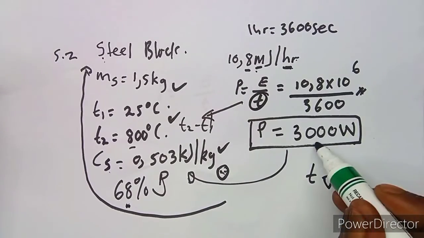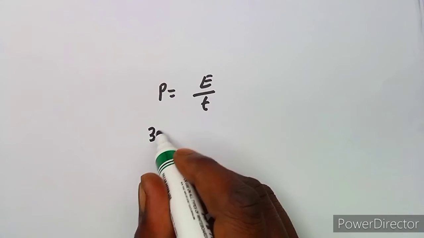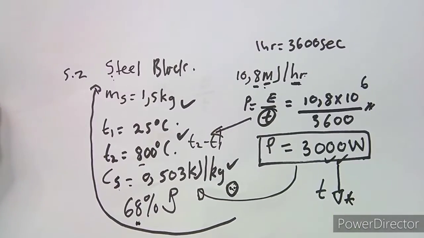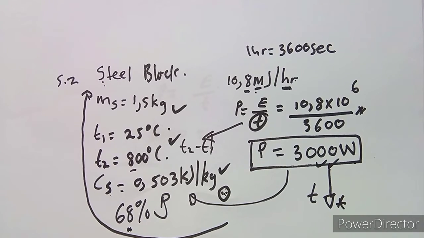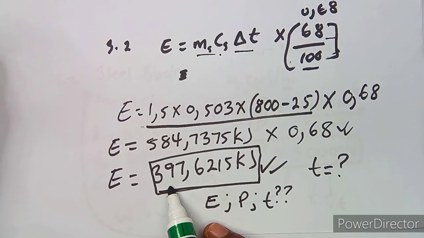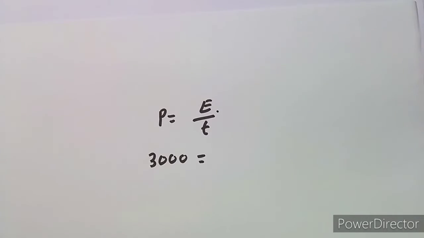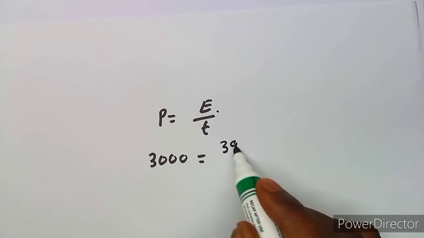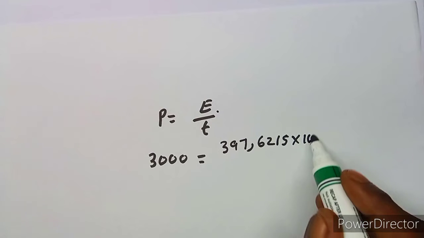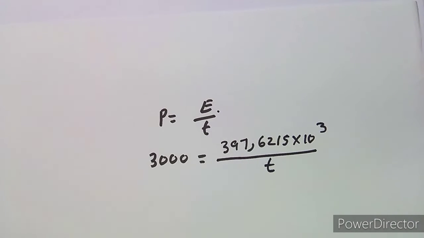So we've got the power of 3000 watts, which is equivalent to the energy that we calculated here, which is 397.6215 kilojoules, times 10 to the power of 3, that is kilo, over the time, like this.